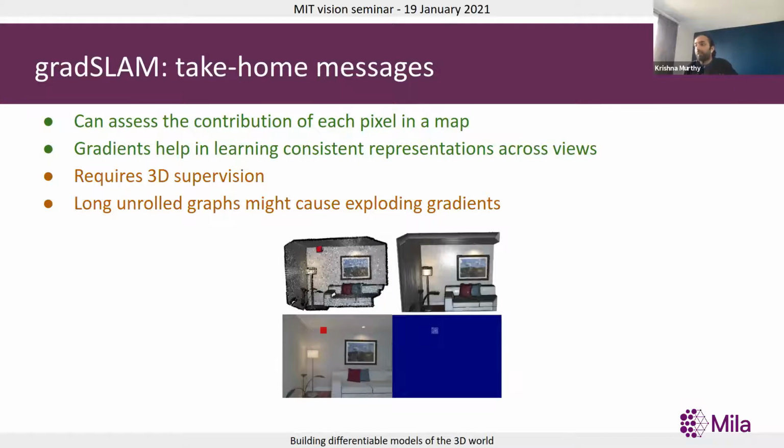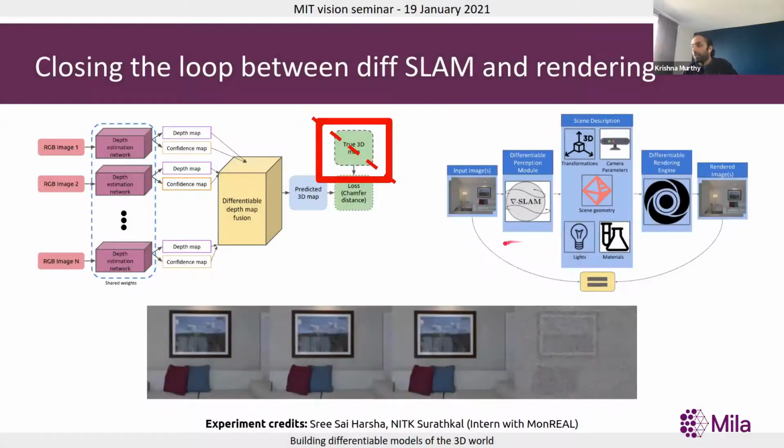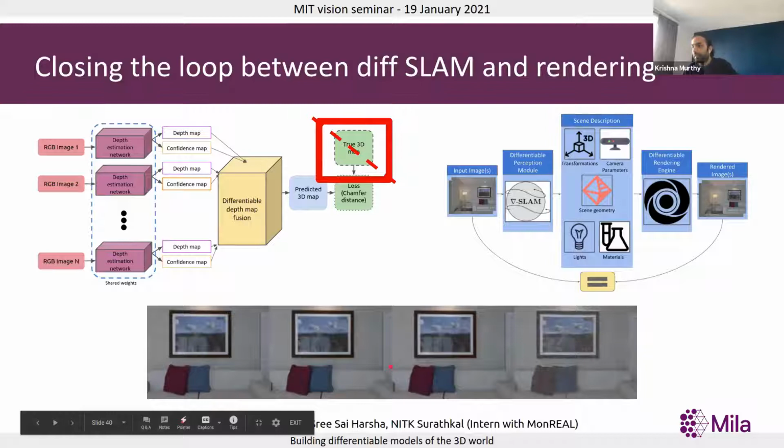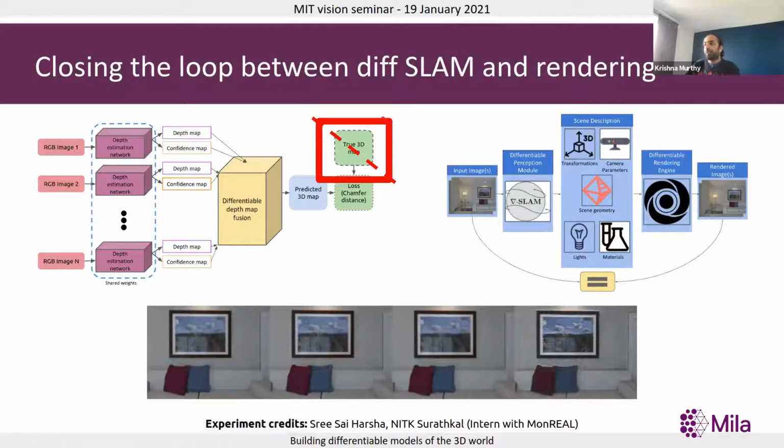So one way to rectify this, and this is again a project by an intern at our group, Harsha, is to ask: can we just get rid of this 3D map requirement and instead have a differentiable renderer in the loop? So you have a bunch of depth maps and you want to fuse them using GradSlam into a consistent 3D map.